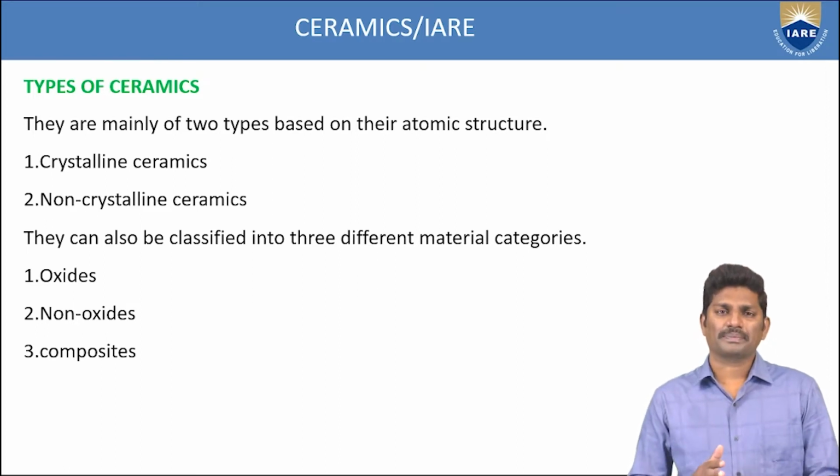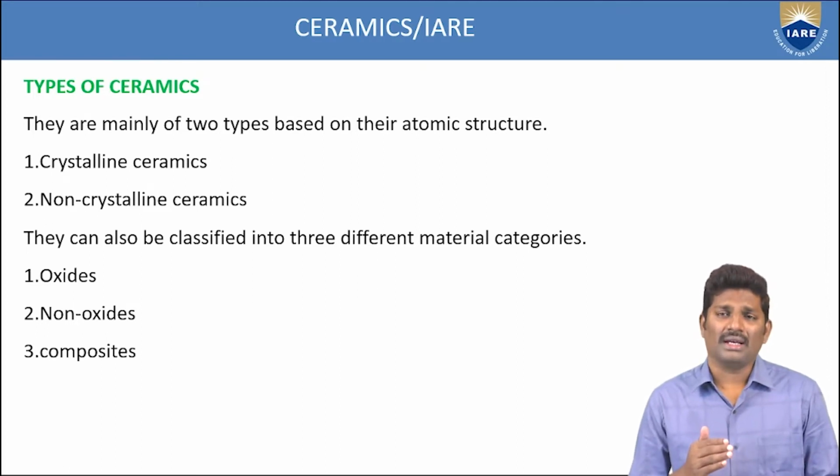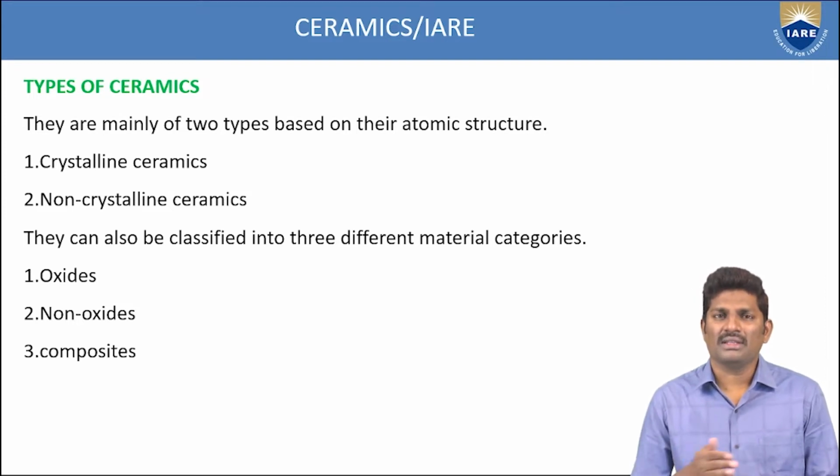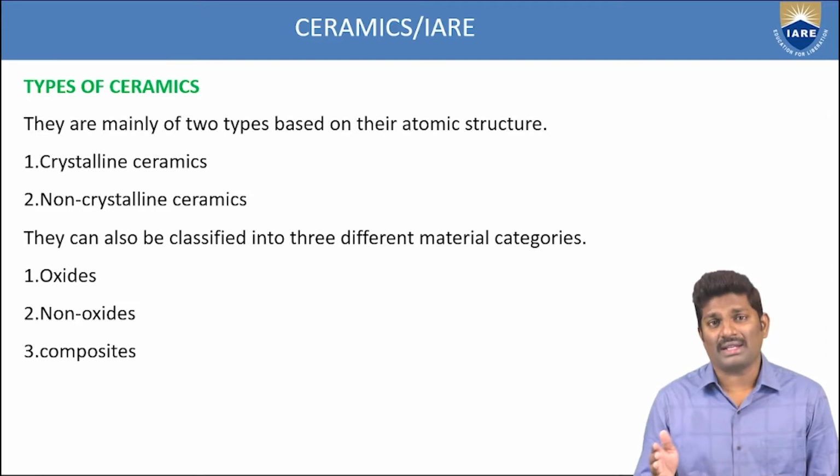So first of all, if you see the atomic structure, if it is a crystalline type of atomic structure, then that category comes under crystalline. And of course, if it is non-crystalline, that is the other category of ceramics. And coming to the material categories, the different types of materials present in the ceramics, again based upon the presence of those materials, these ceramics have been classified. First one is oxides.